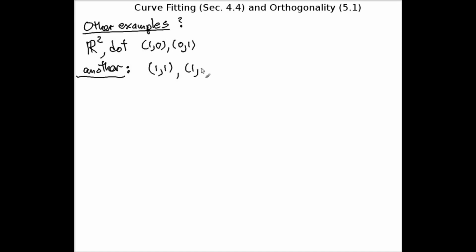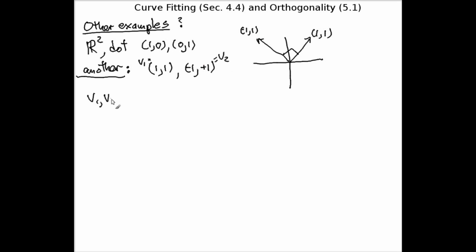So let's take (-1, 1). And that's a right angle. So if you call these v1 and v2, then v1 and v2 is an orthogonal basis.